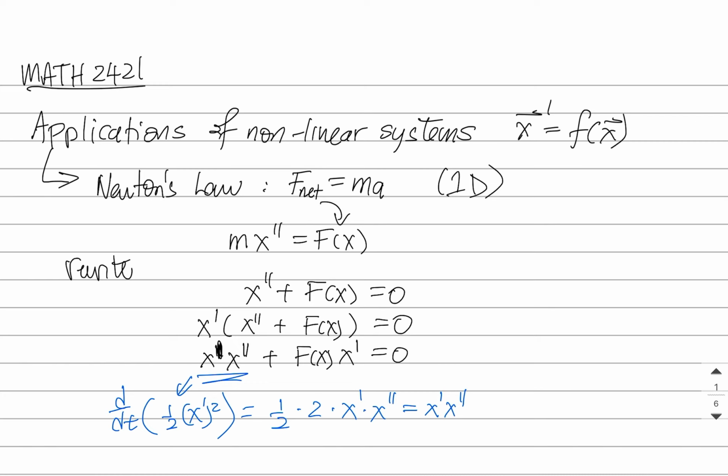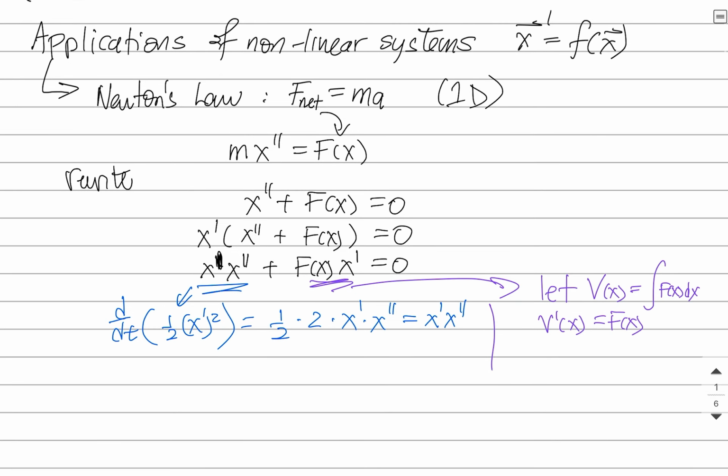And for this other term, if we let v of x be the antiderivative of this force function, that means v prime should just be the force function. And if we took the time derivative of this v, we'd get a v prime times an x prime, which would just give us f of x times x prime.